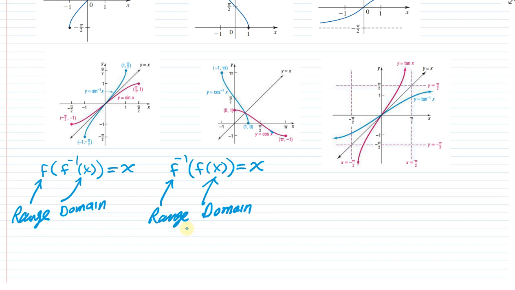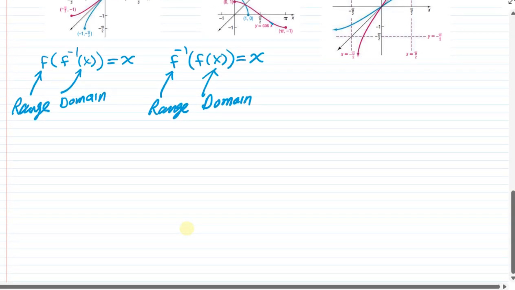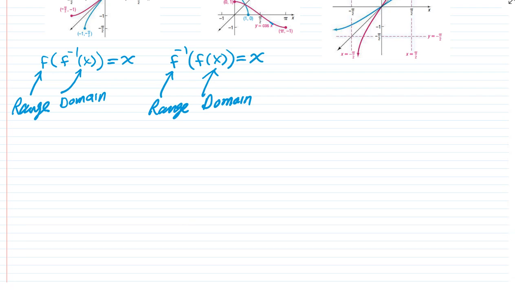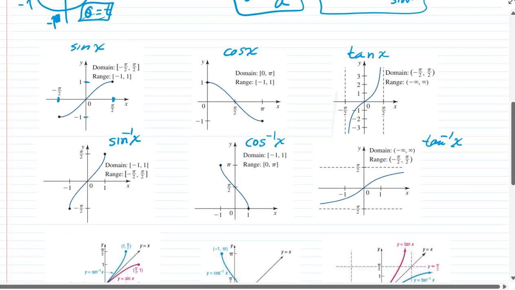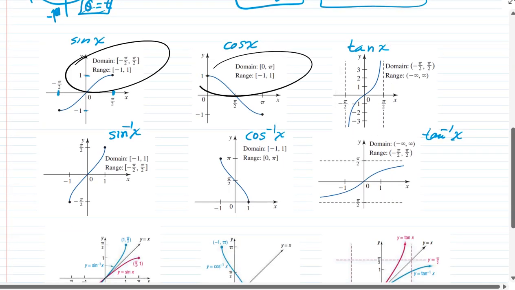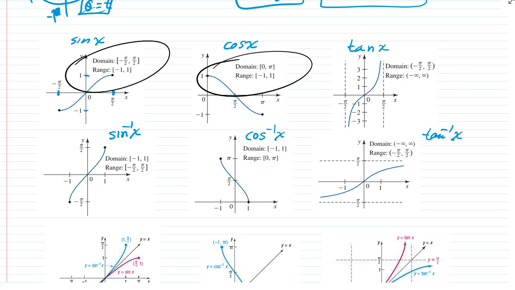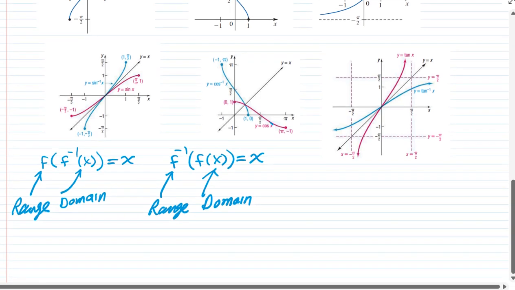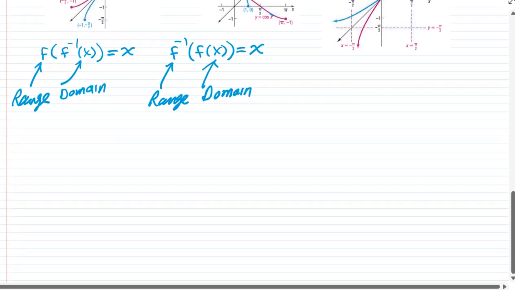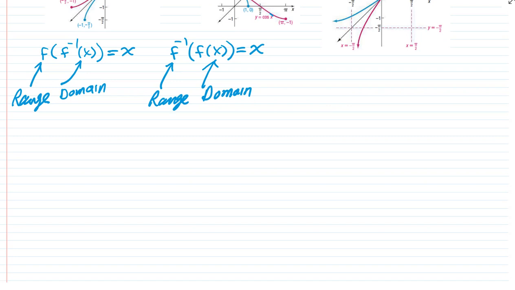Now, I'm trying to think about a way to help you be able to do this without having to memorize all of these bits and pieces of it. Okay, because again, these are important, and we will do this for cotangent, cosecant, secant later too. So how are we going to remember all these domains and ranges?